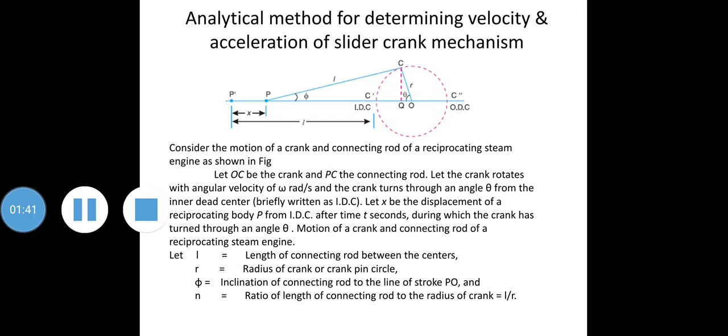Let x be the displacement of a reciprocating body P from IDC after a time t seconds, during which the crank has turned through an angle theta. This is the motion of the crank and the connecting rod of the reciprocating steam engine.